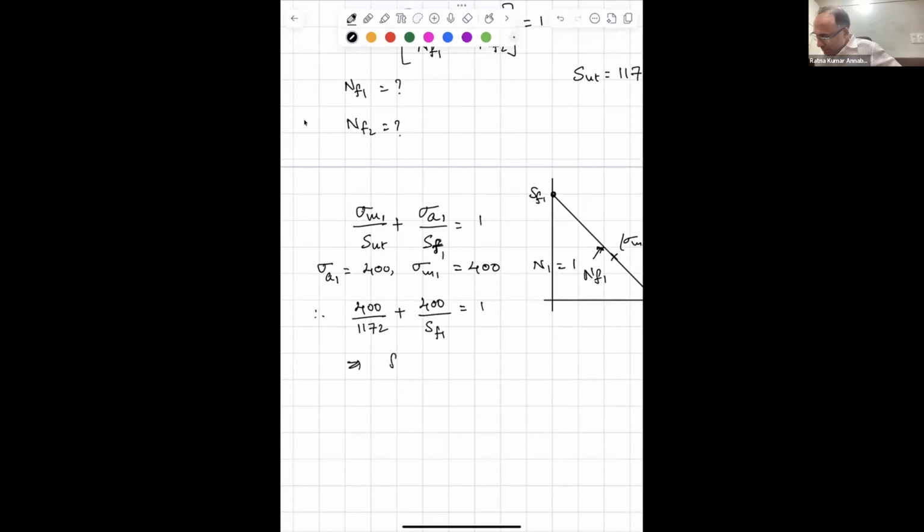That implies SF1 is equal to 400 by 1 minus 400 by 1172. What is that value? This is 772, right?